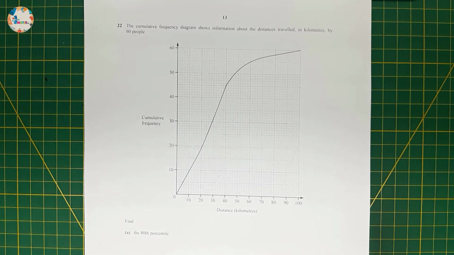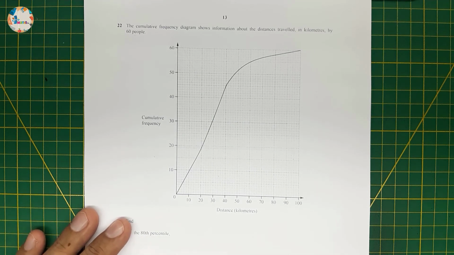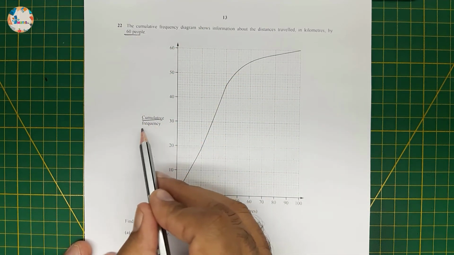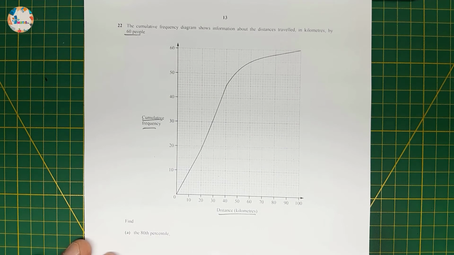Question number 22: a cumulative frequency diagram shows information about the distance traveled, in kilometers, by 60 people. This is cumulative frequency, and this side is distance in kilometers. We have to find the 80th percentile.